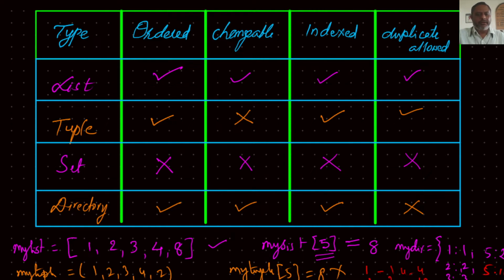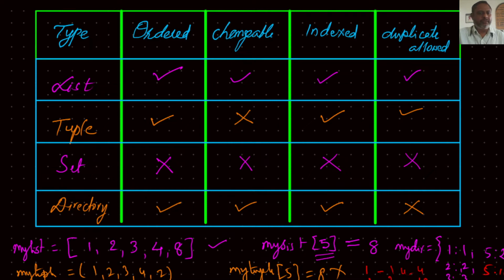And if I say my list 3 is assigned with say 44, then from now onwards this value will be replaced by 44. So that is possible.